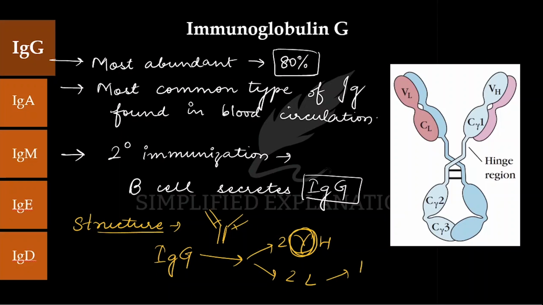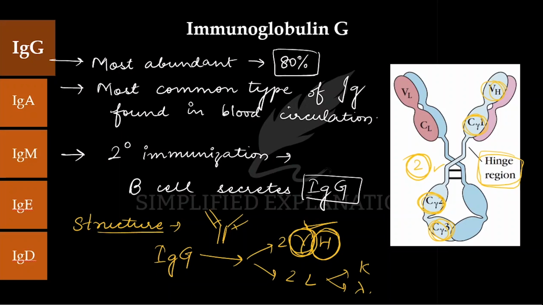Light chains can be either kappa or lambda, it doesn't matter, but the heavy chain should be gamma heavy chain. Here we can see the gamma constant region, then the variable region. This is the hinge region, and they have 2 disulfide bonds also.